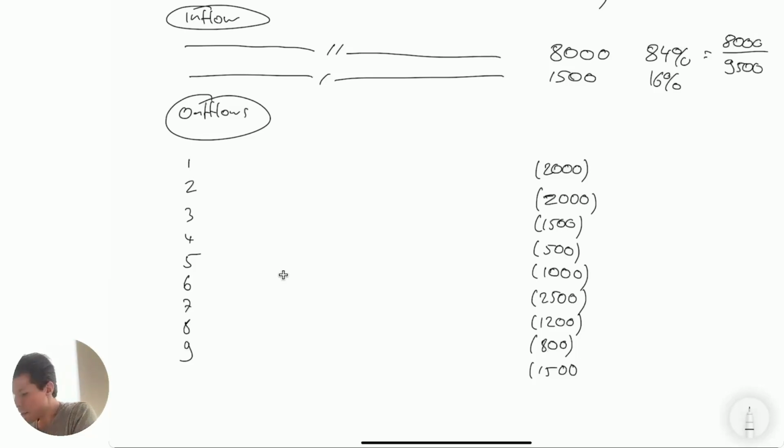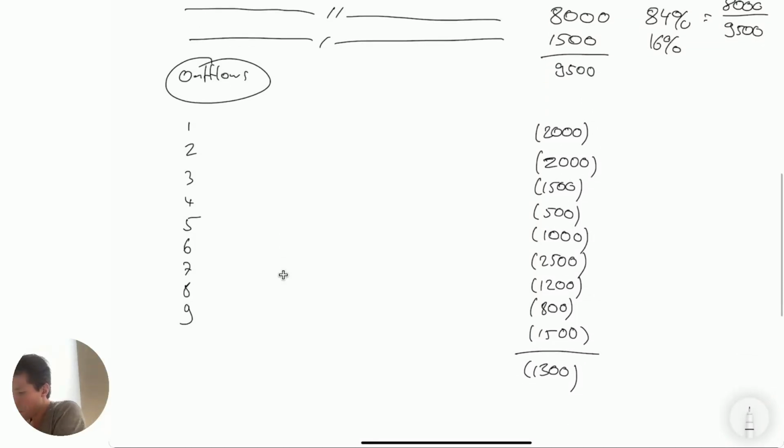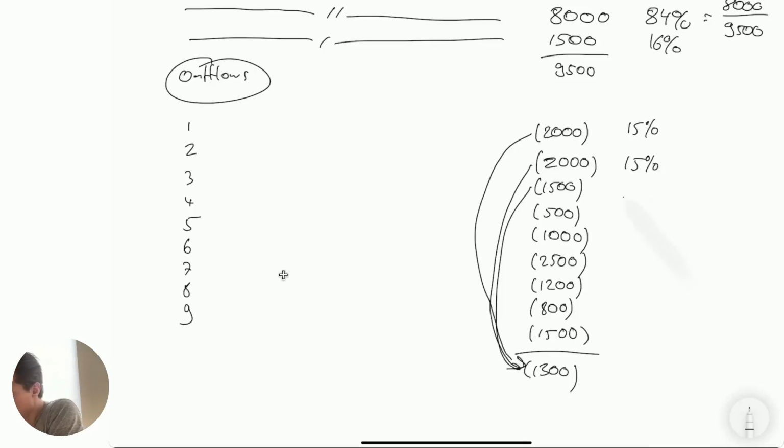In total, this is 13,000. Here the total was 9,500. And then again, you divide each item by the total, and you get all the percentages: 15, 15, 12, 4, 8, 19, 9, 6, and 12.